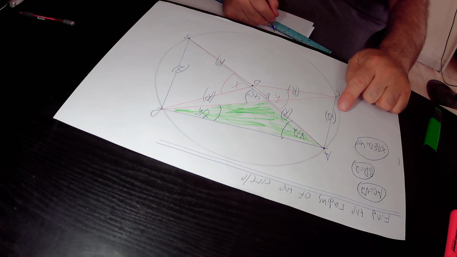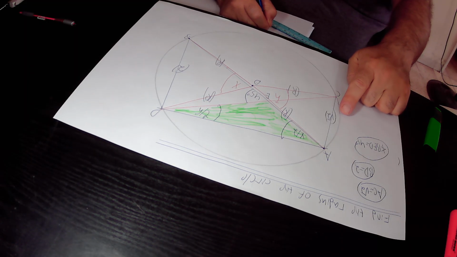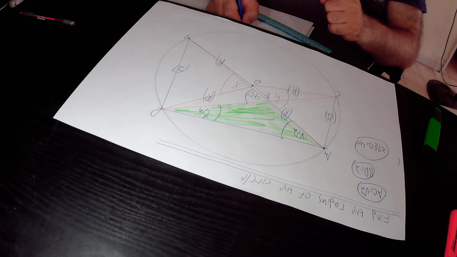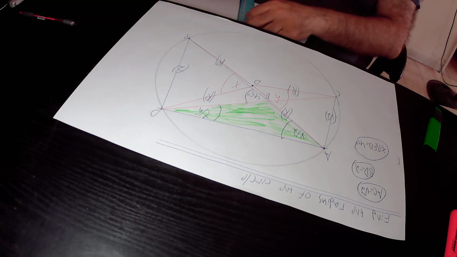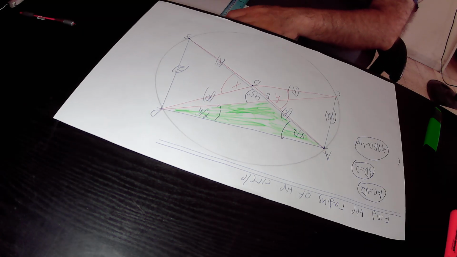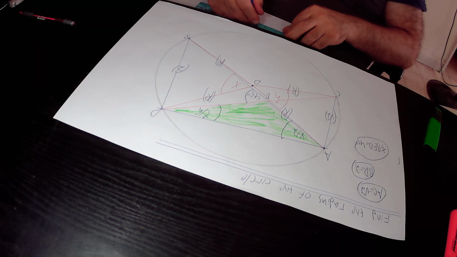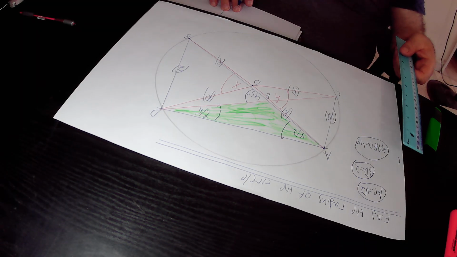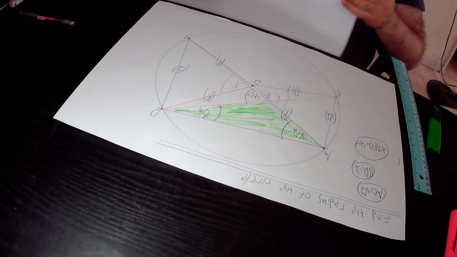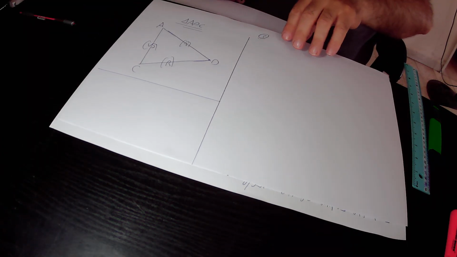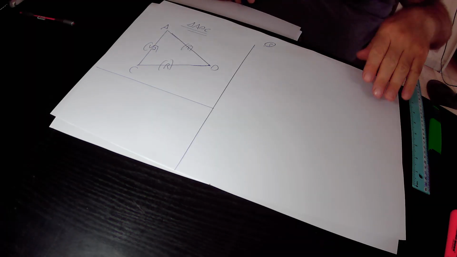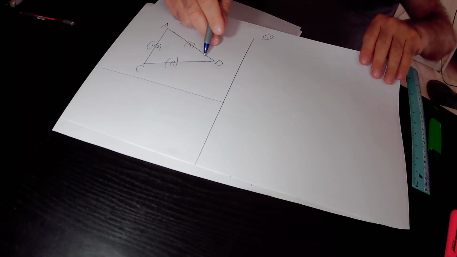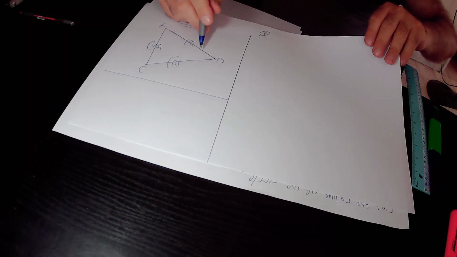Side AC equals the square root of 2 units, according to what is given in the question. Side AO equals R, and side CO also equals R. This is triangle AOC according to the original drawing, and of course angle AOC is angle Y.